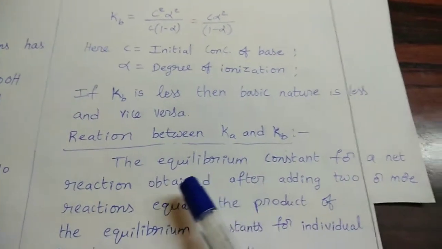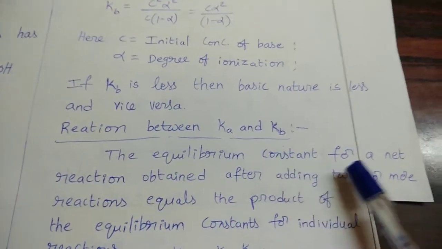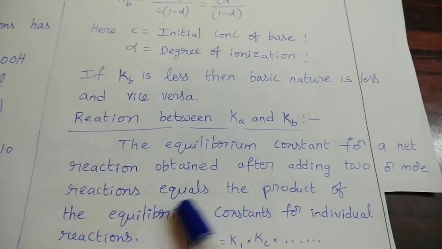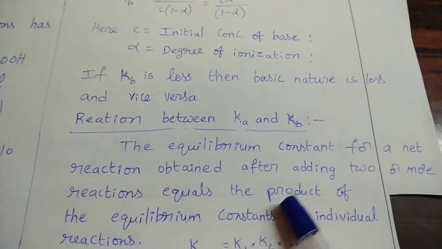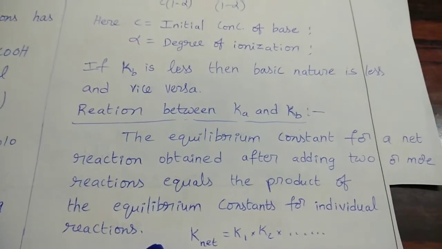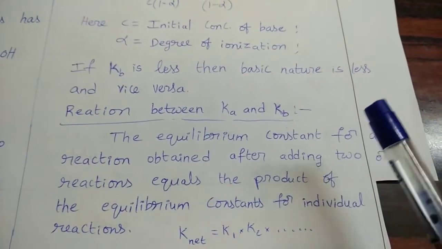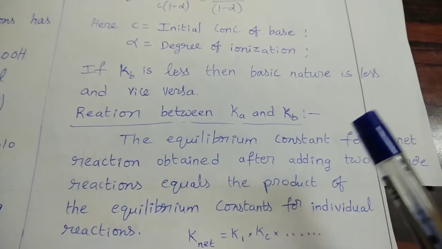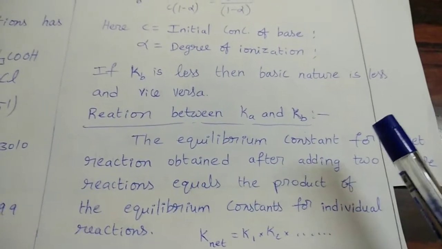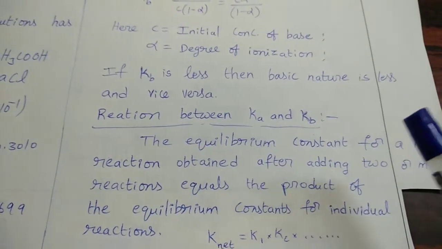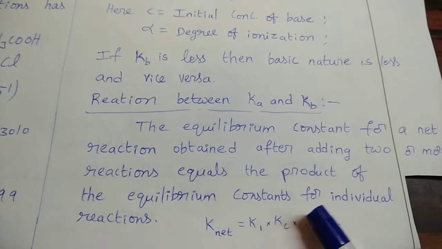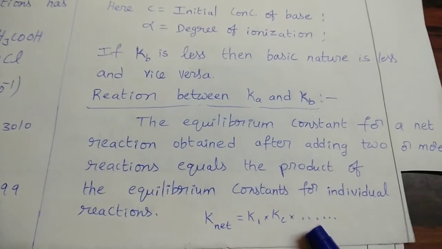See this one, the equilibrium constant for a net reaction obtained after adding two or more reactions is equal to the product of equilibrium constants for the individual reactions. Suppose a net reaction is obtained by adding 2 or 3 individual reactions, then the equilibrium constant of that net reaction is obtained by the product of equilibrium constants of the individual reactions.